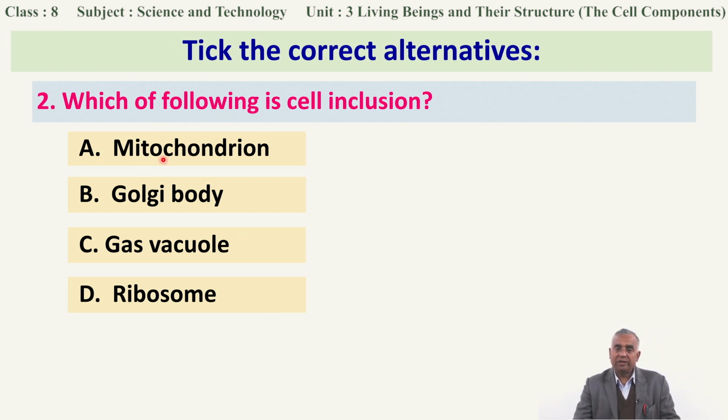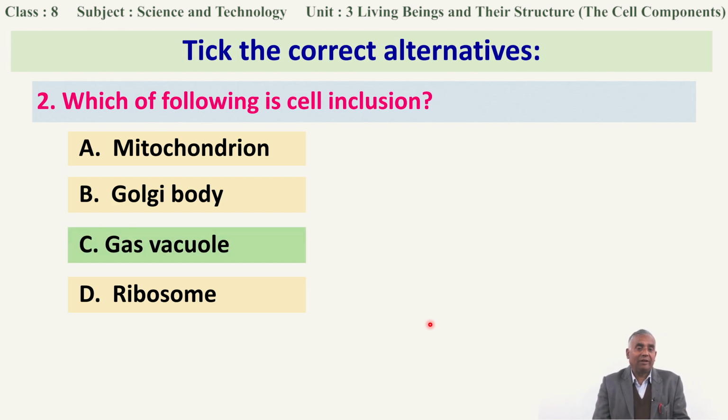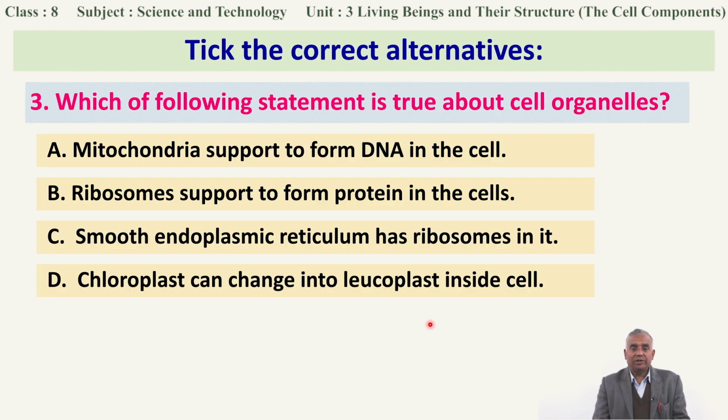Is mitochondria a cell inclusion, Golgi body, gas vacuole, or ribosome? About vacuole you have not studied, but we have discussed that these parts are found in the cell. Yes, so gas vacuole is what? Cell inclusion.